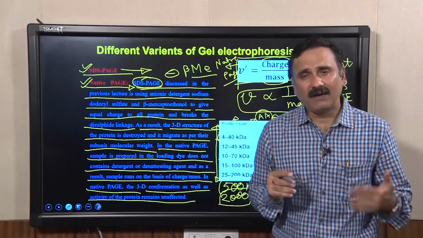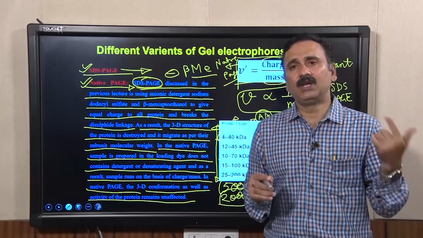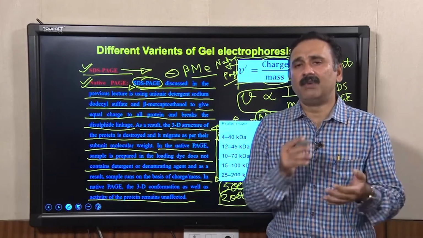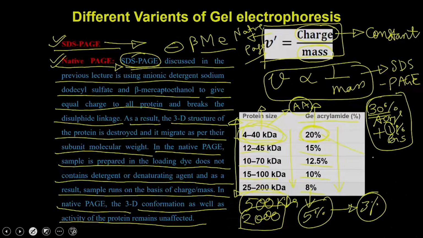So, for very small proteins, you can still run the 20% gel, but you can increase the percentage of bisacrylamide, and these kinds of gels are called highly cross-linked gels.